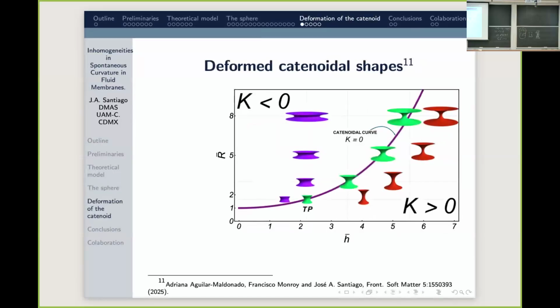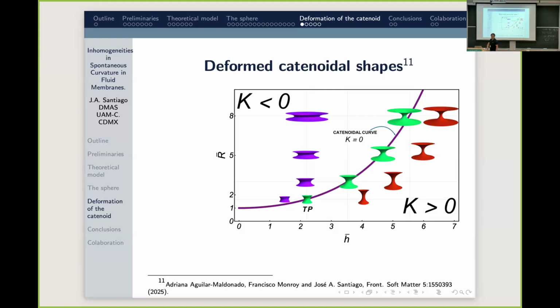We can also deform the catenoid. Then we have now a curve of the catenoids, and we can obtain the behavior of this regime where the mean curvature is positive versus negative. On this curve the mean curvature is 0.